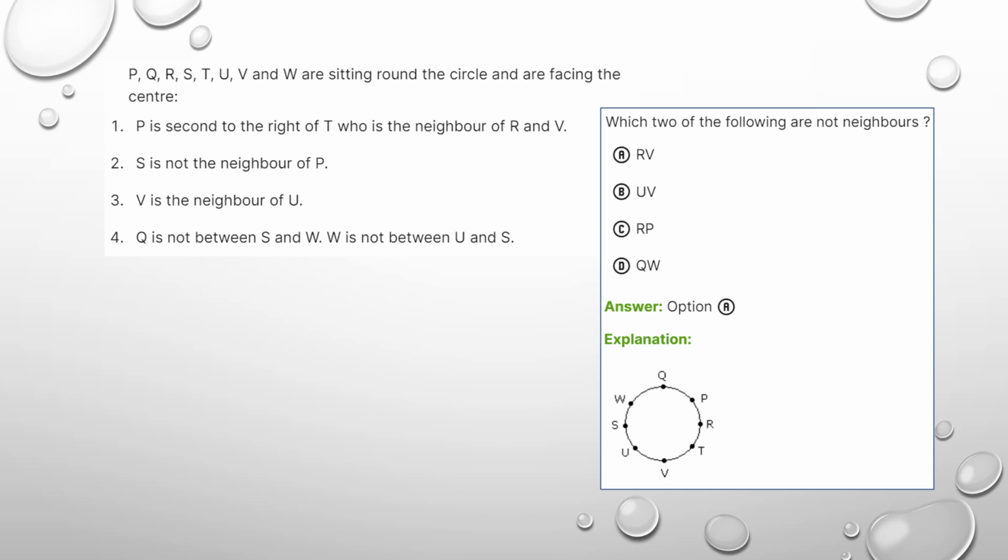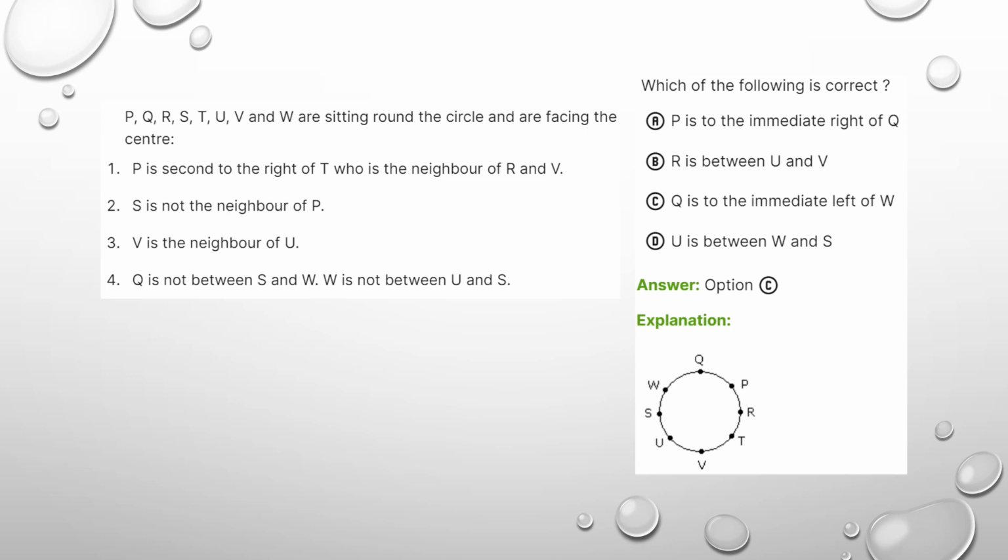So go through the points again and again where the question is described and try to fix the points in the circle and write your variables. Once all the 4 points are clearly visible in the circular arrangement which you have done, it is easy for you to solve the remaining sub questions.